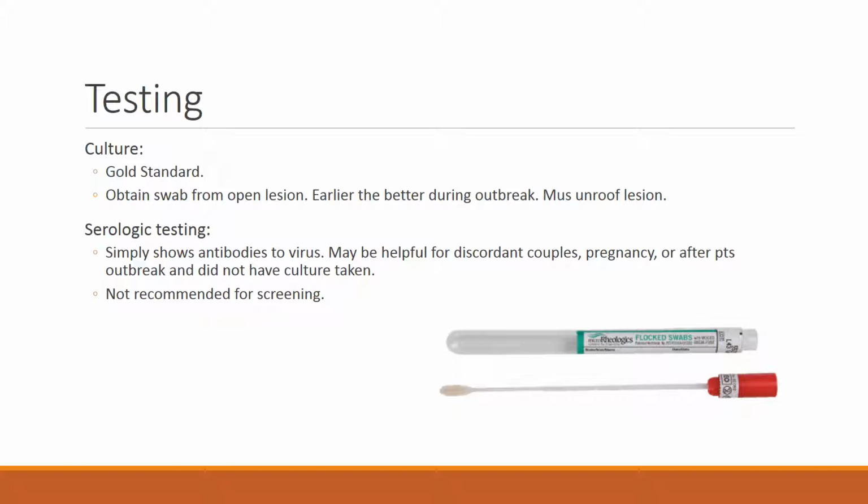During pregnancy, of course, because there's risk of transmission to the baby and can cause for a need for a C-section if there's an outbreak. Or if possibly the patient didn't have any medical care during their outbreak and wants to make sure that that outbreak, which sounded pretty suspicious, was indeed HSV, then we might want to go ahead and do that.